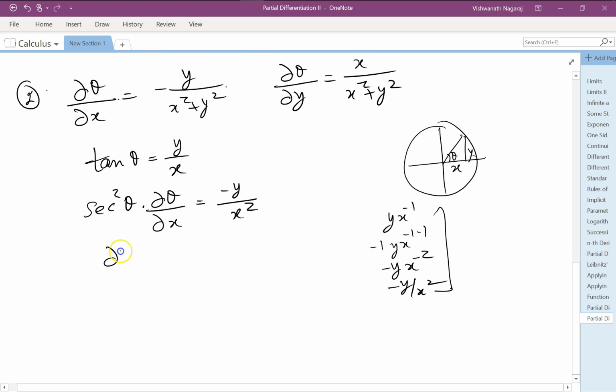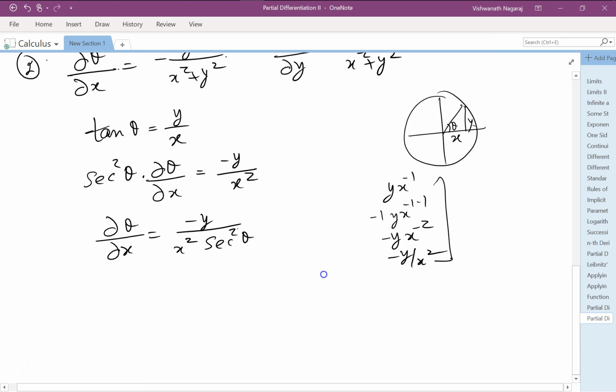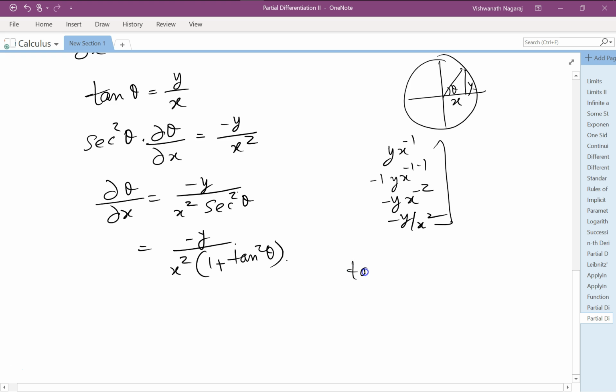Okay, so now which means dou theta by dou x is equal to minus y by x square sec square theta. Now sec square theta can be written as 1 plus tan square theta. Now remember, tan theta is y by x.